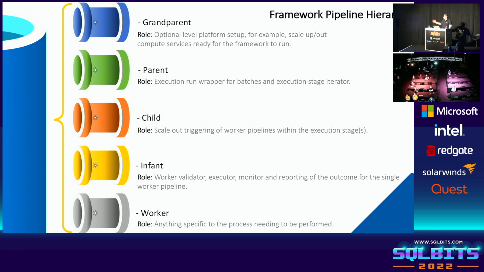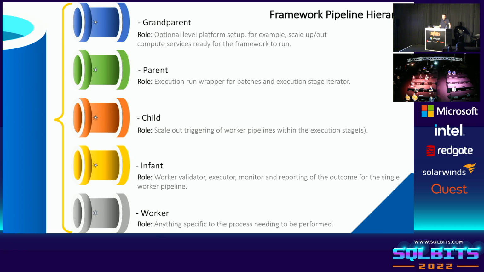There is the environment wrapper, if you like. So a little bit outside the scope, but included for completeness as well. Particularly if you're using batch executions, you might want to call multiple instances of the framework from the grandparent. Entirely up to you, but included really just to complete this generational hierarchy.